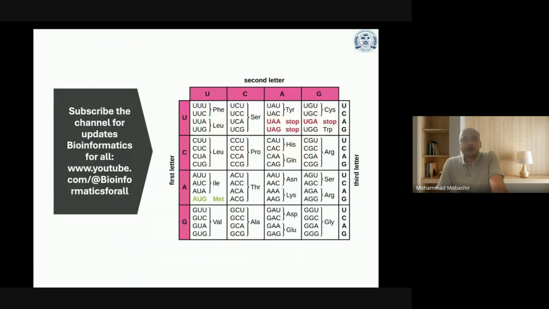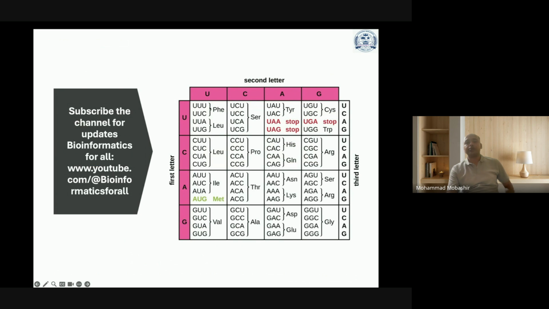And now, you also might have seen somewhere or heard about codons. So this is the table which you can easily remember or understand. The table of three bases. Like here you can see UUU, UUC, UUA, UUG.